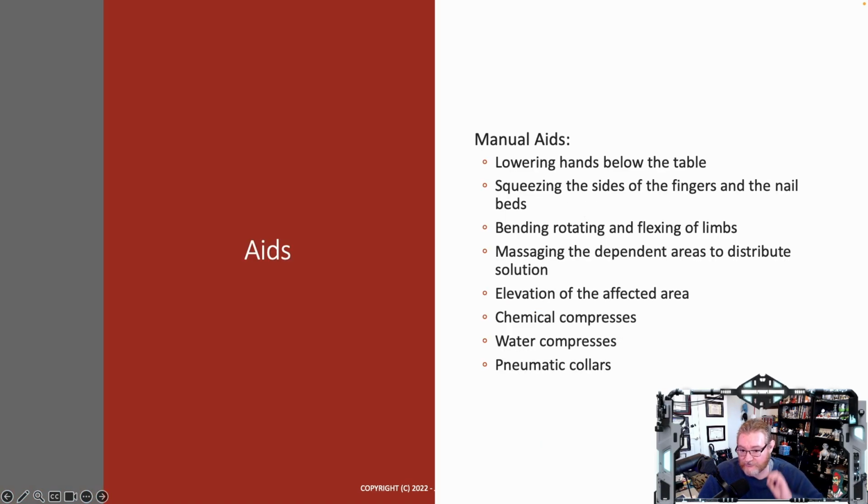So first up, let's talk about some manual aids. Manual aids can be lowering hands below the table, squeezing the sides of the fingers in the nail beds, bending, rotating, and flexing of the limbs, massaging the dependent areas to distribute solution, elevation of the affected area, chemical compresses, water compresses, and pneumatic collars.